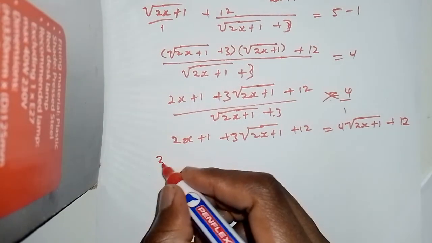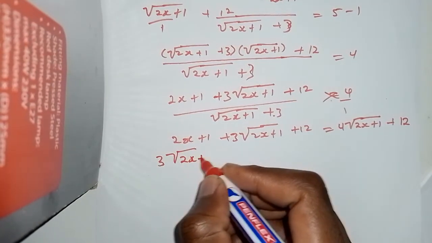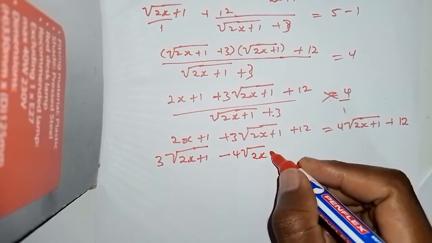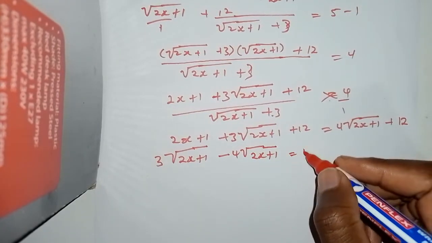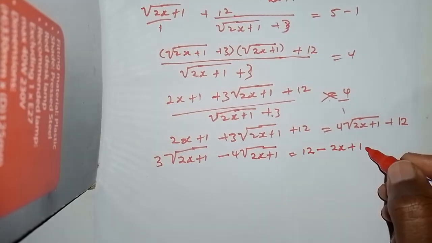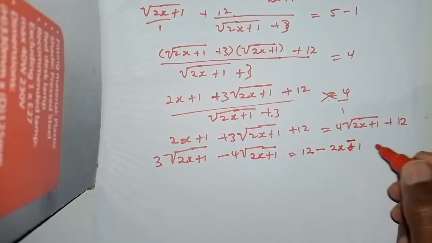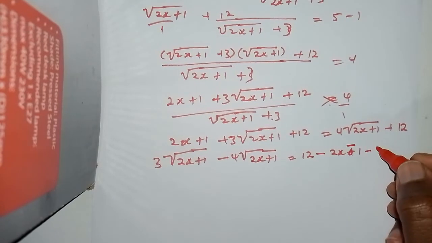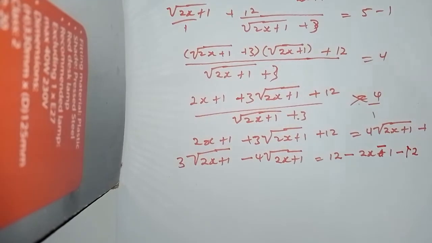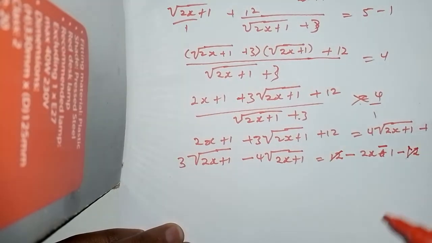I'm going to have 3 root 2x plus 1 minus 4 root 2x plus 1 is equal to 12 minus 12, 2x plus 1, not plus 1, minus 1 minus 12. Right? Then now, 12 and 12, they are out.